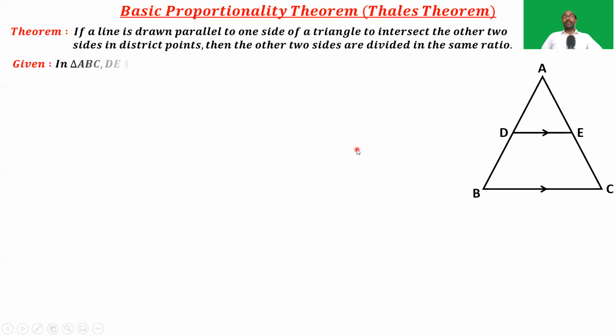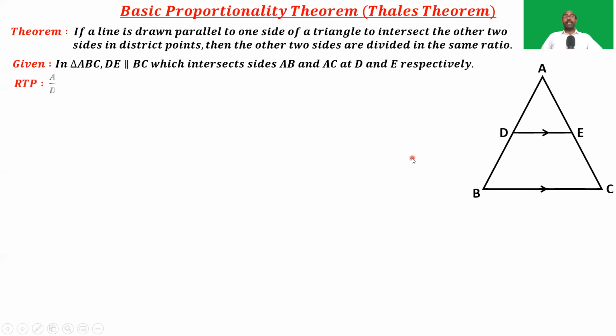Now the given is in triangle ABC, DE is parallel to BC, which intersects AB and AC at D and E respectively. And the required to prove is the ratio of AD to DB is equal to AE to EC. That is, AD by DB is equal to AE by EC.